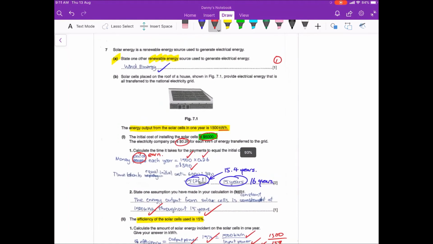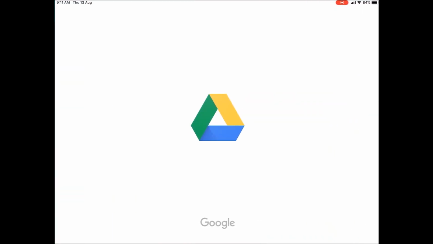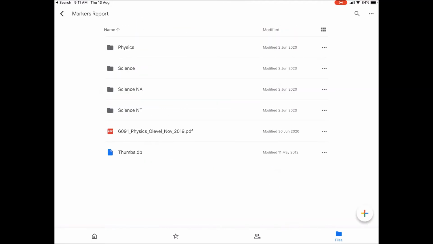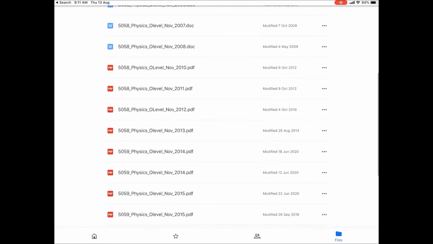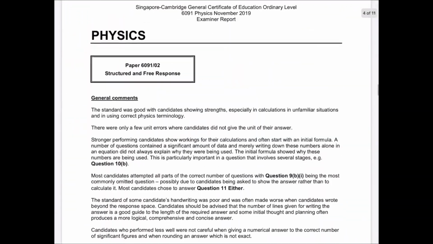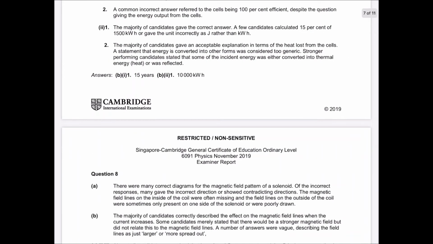Okay, so this is question 7 part 2. Let's see what they say. 7 part 2, Marcus report, physics 219. Oops, question 7. Okay, majority of the candidates give an acceptable explanation in terms of heat loss. Statement that energy is converted to other form was considered too generic. I think heat is kind of generic.